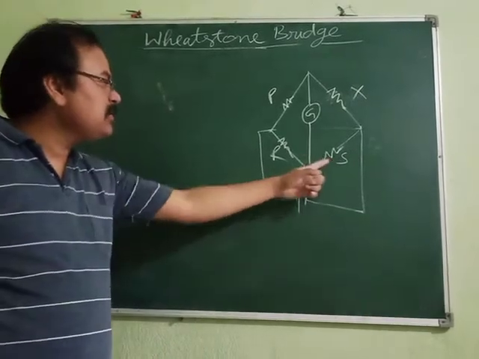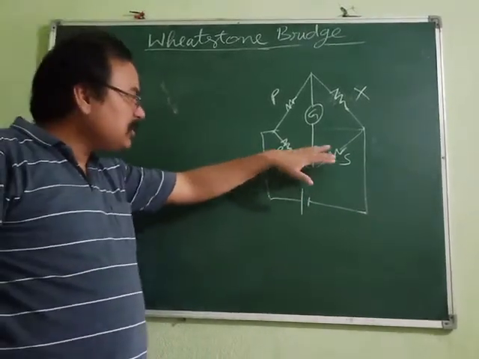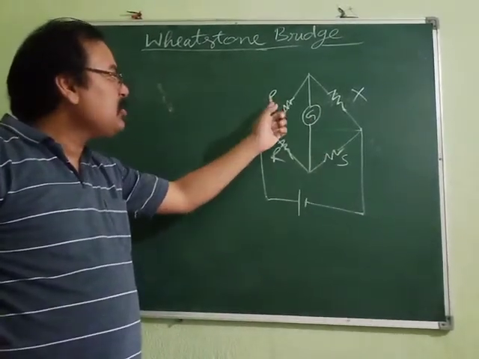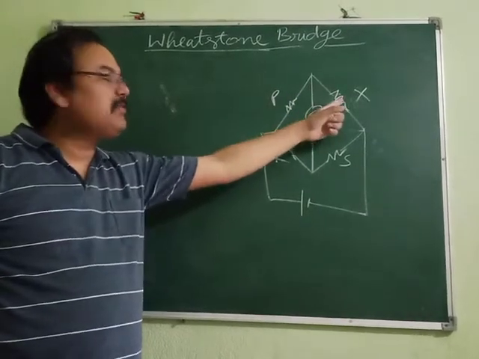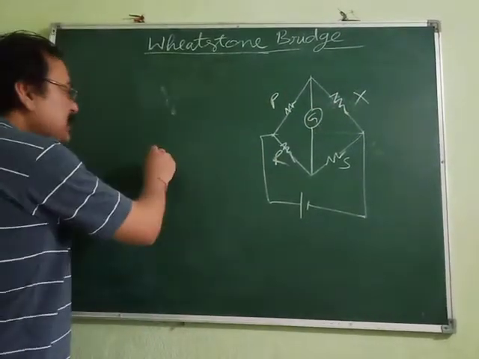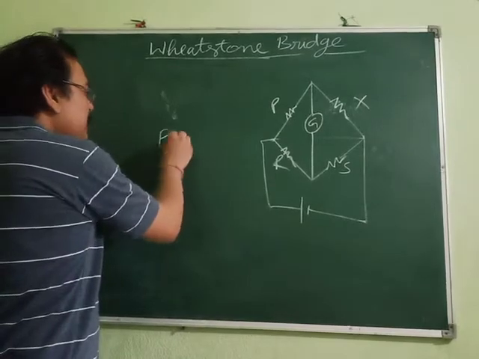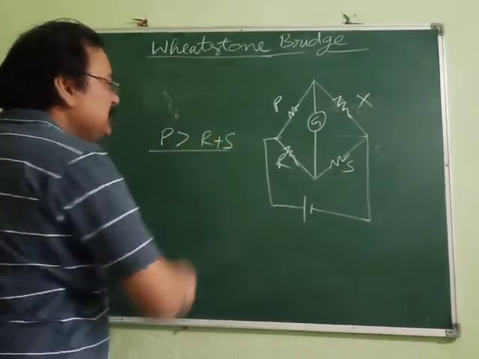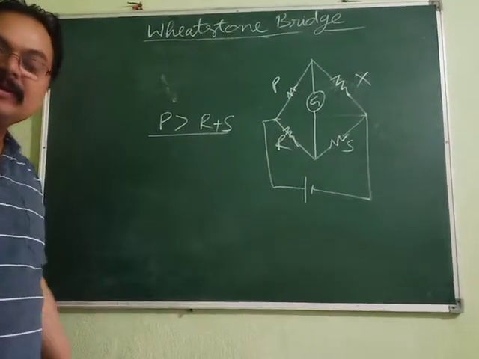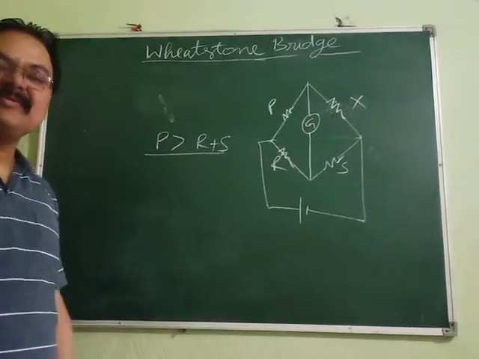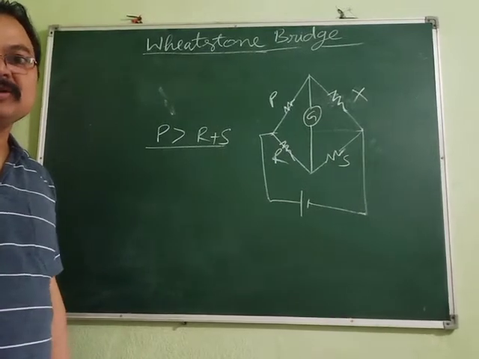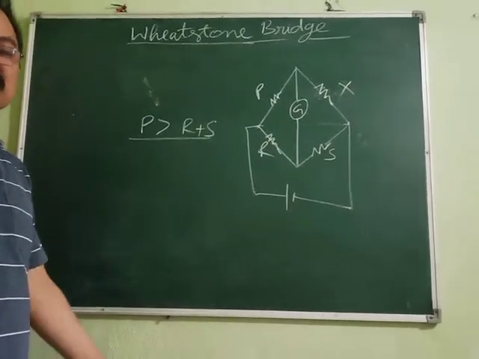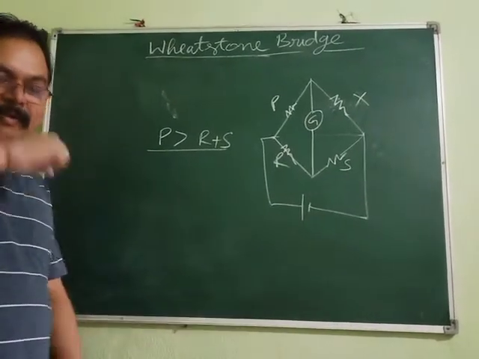The total resistance in parallel should be less than the total resistance in series connected with X. That means P must be greater than R plus S. That is the condition for more sensitiveness of the Wheatstone bridge. When this condition is achieved, then obviously it will be more sensitive.